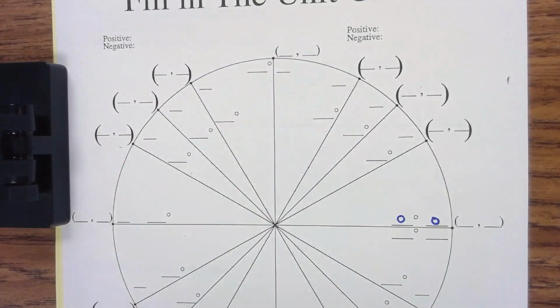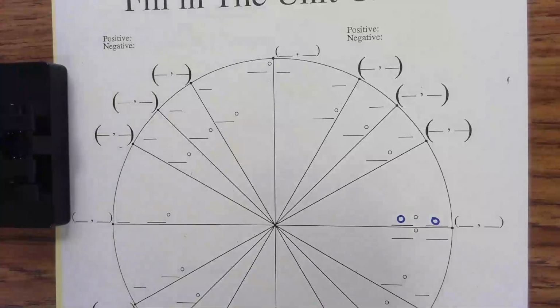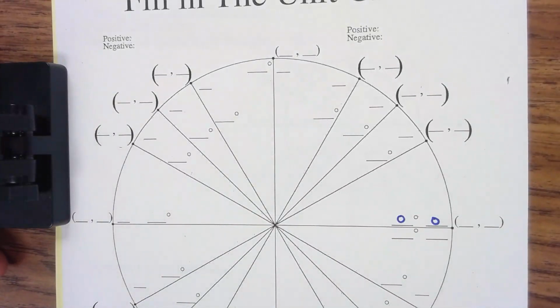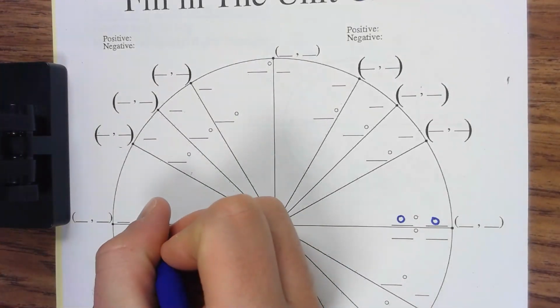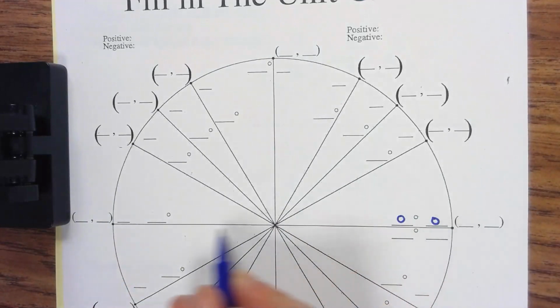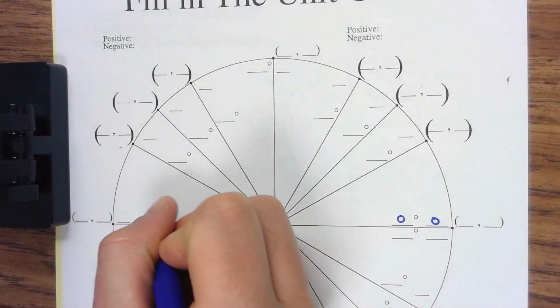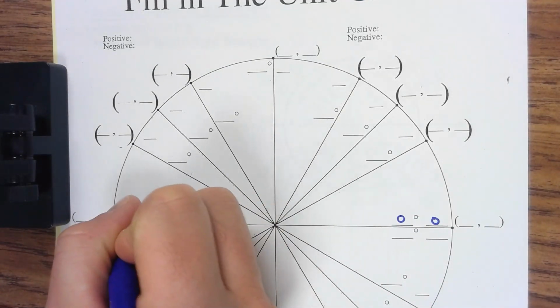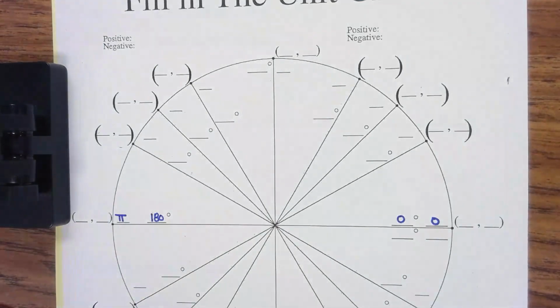One of the very first facts that I told us we should know, this is how we converted degrees to radians, is that a straight angle is 180 degrees, which is equal to pi radians. If we know this, we can use fractions to find the rest of these values.